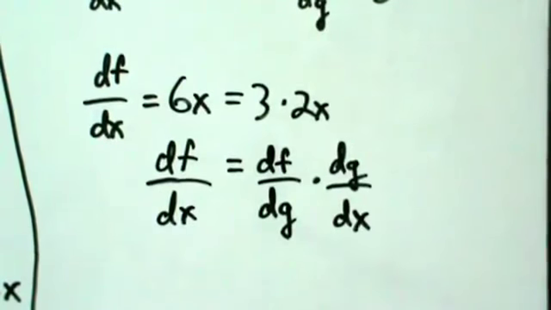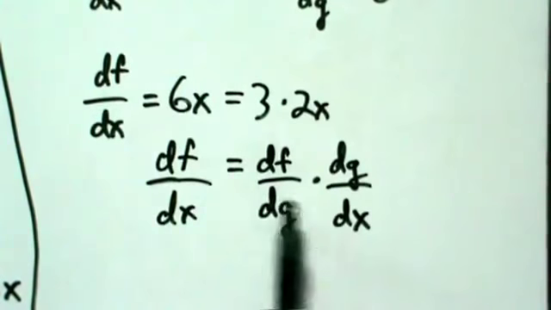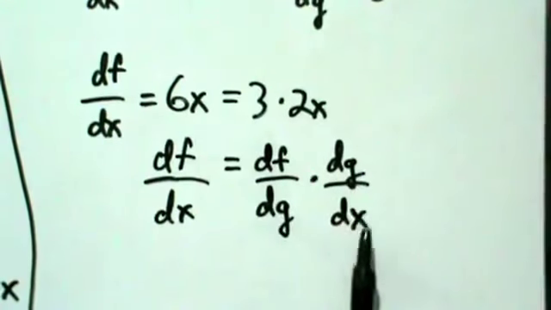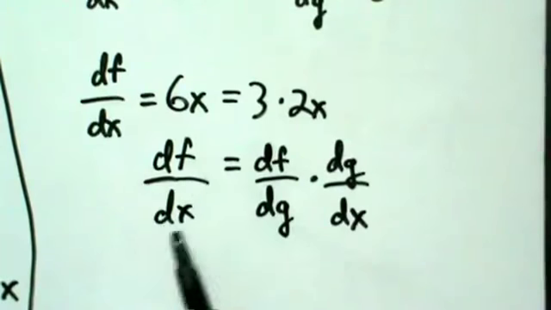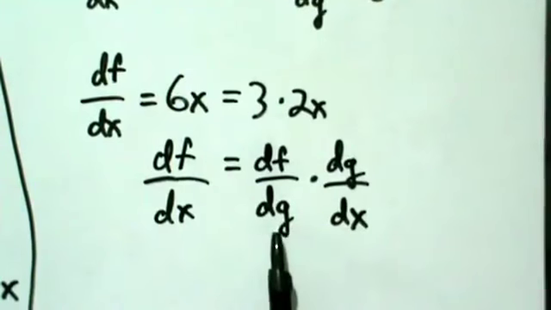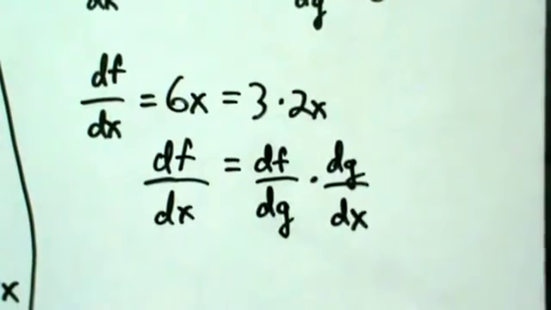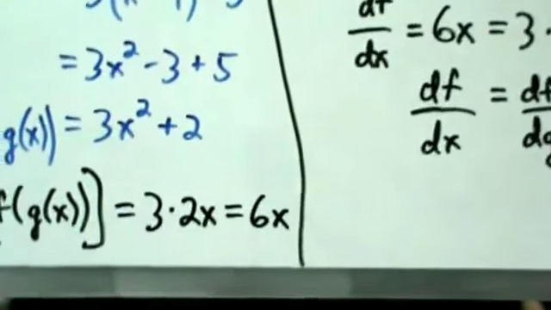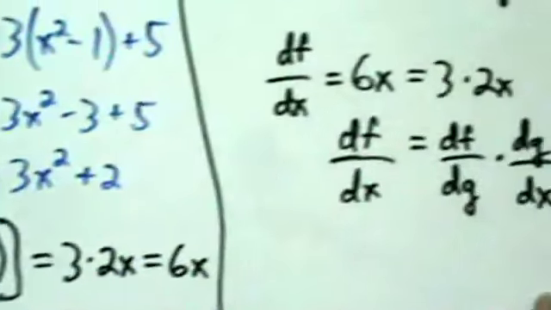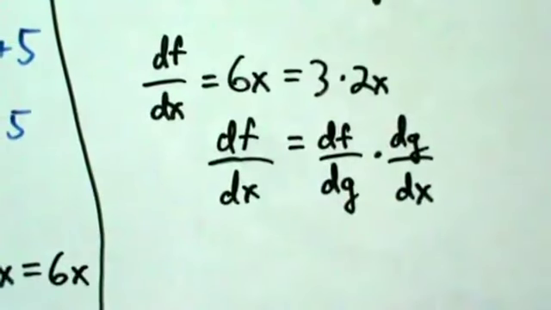Now, unfortunately, this notation isn't very illuminating because this is kind of weird. You know, df dx, that's df dg times dg dx, and like we said a couple times, this hides the fact that f is a function of g. So we can also express this using this kind of notation. If we go back over here, we can use this kind of notation. So let's go ahead and rewrite this with that kind of notation.